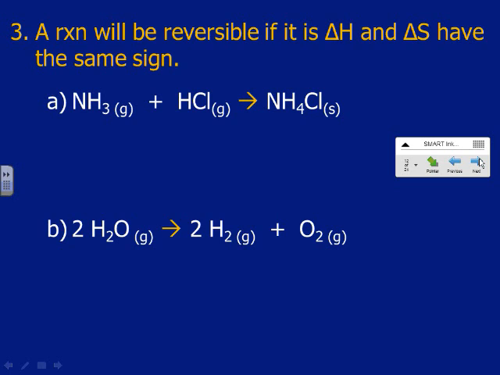Always spontaneous is being both pushed towards the products, but with reversible, one part is pushing it towards the reactants and the other part is pushing it towards the products. So you have this continual switch back and forth between reactants and products. That's why we call it reversible. It can actually head either way.